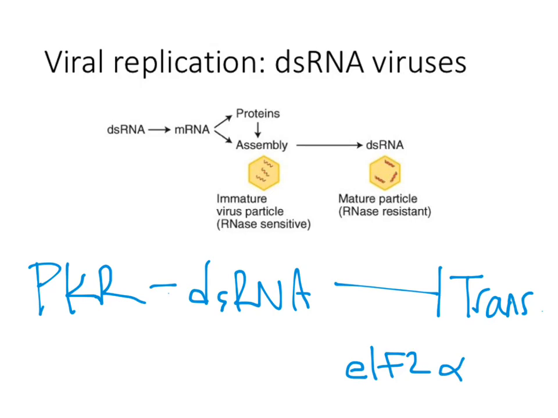So blocking EIF2 alpha should conceivably block cap-dependent translation. It doesn't block cap-independent translation, though. And so some viruses have come up with ways to get around this block. Actually, eukaryotes, our own cells, have ways to get around this block as well.